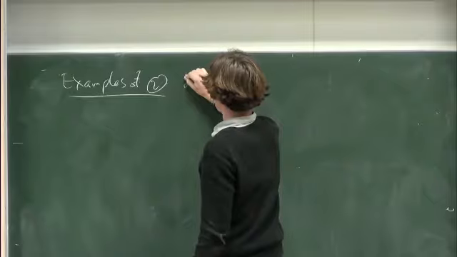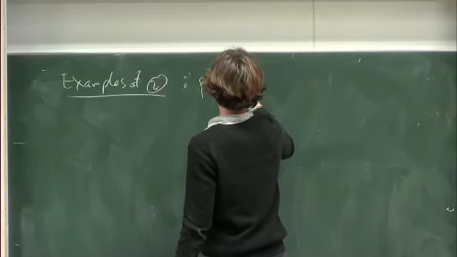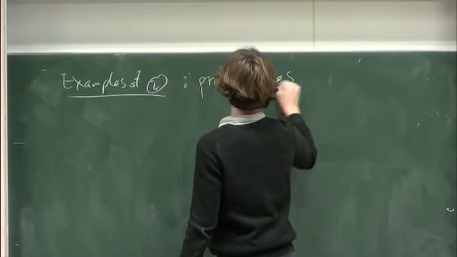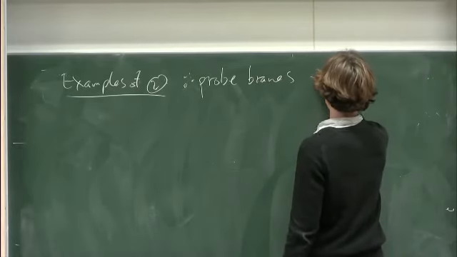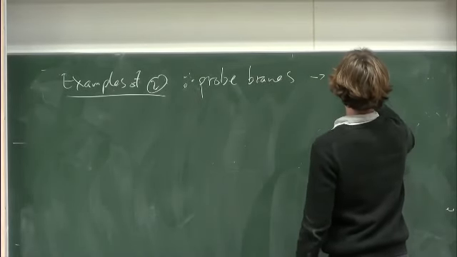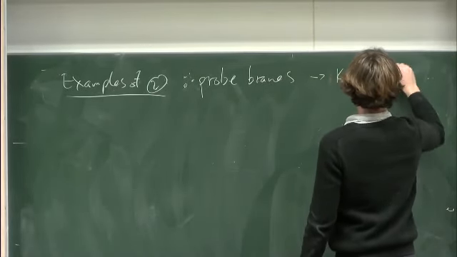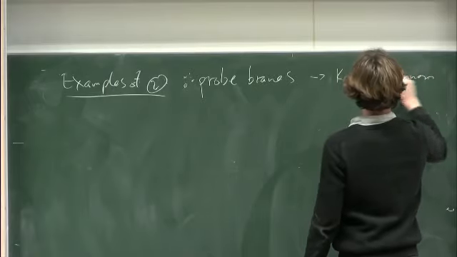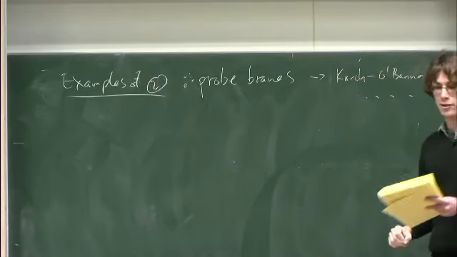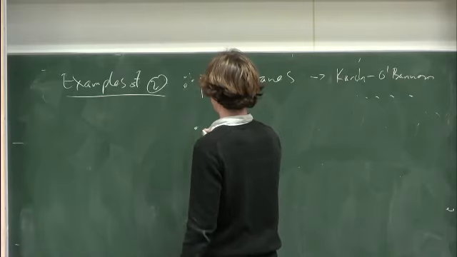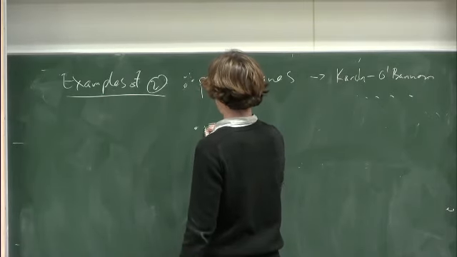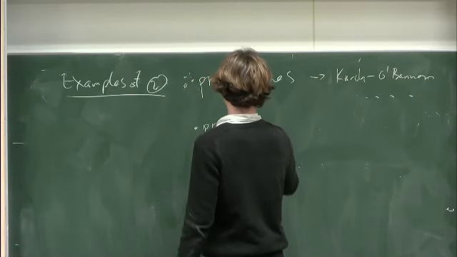Examples include the probe branes. That's when your charge carriers are described by degrees of freedom living on a brane in a bulk. I guess this was really Karch and O'Bannon, and many other works. And then the other option is basically probe fermions.